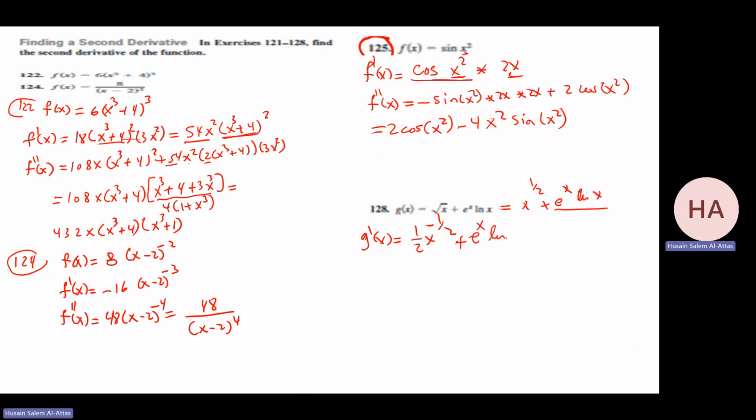Ax ln x plus ax over x. Okay. Now let us do g double prime. And that is what? This one, minus 1 over 4 x to the power minus 3 over 2.